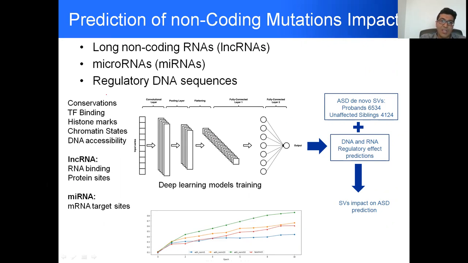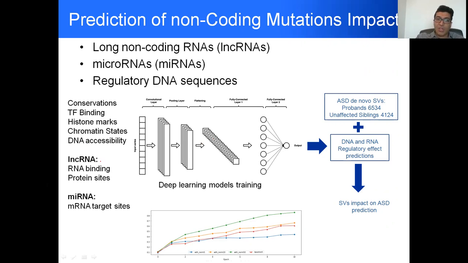We input different features into our model, including conservation, transcription factor bindings, histone marks, chromatin states, and DNA accessibility, which came from different experiments and are available in public databases.